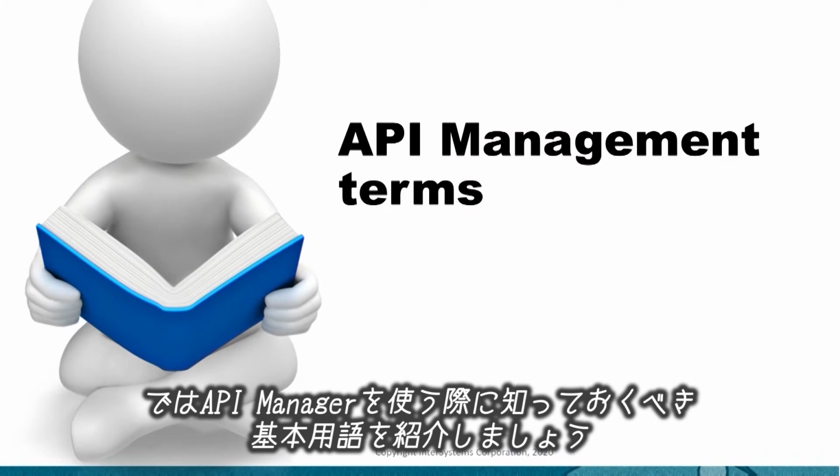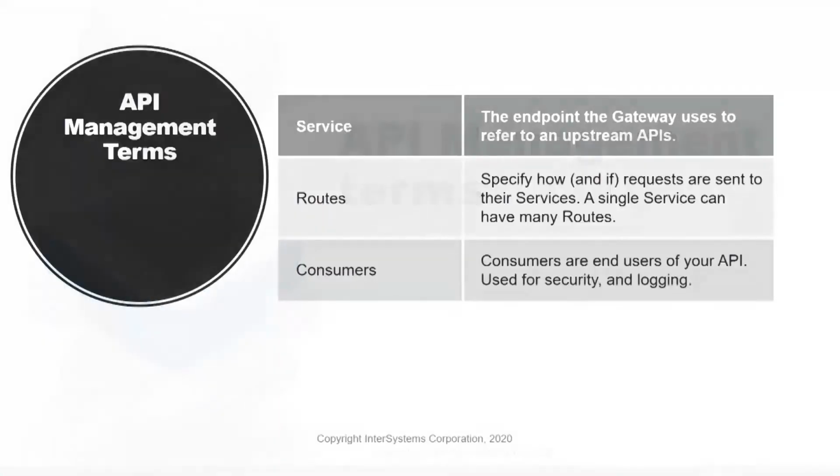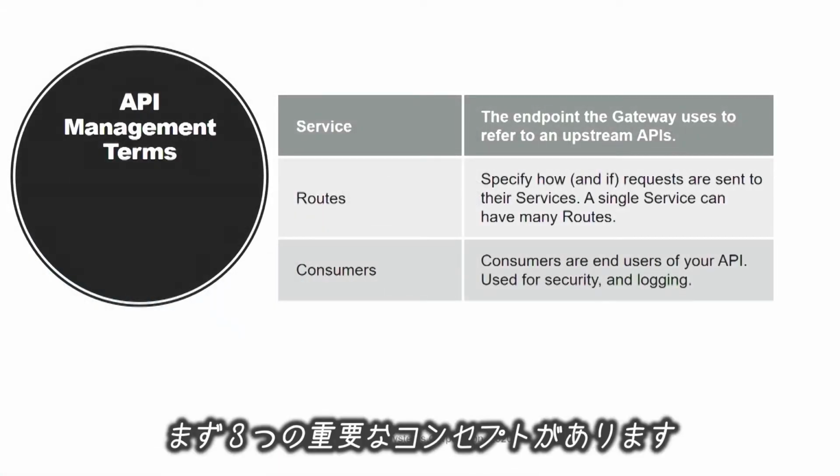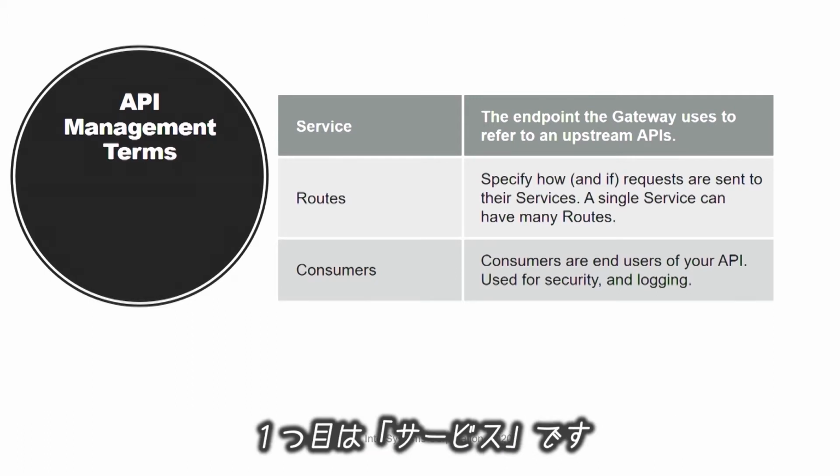I want to cover a few basic terms that I think you're going to need to know when using API managers. These are the three most important concepts you need to know. The first is a service.